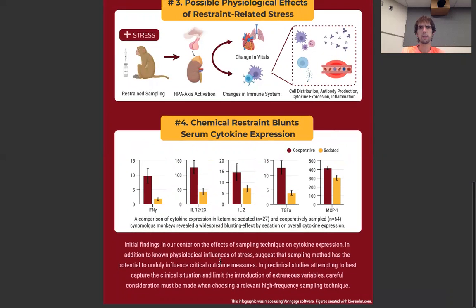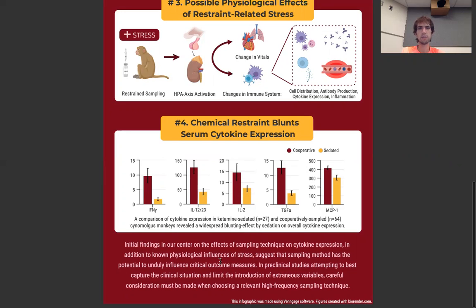To determine whether these effects actually differentially exist based on sampling technique, we have begun to investigate whether differences actually manifest in some of our outcome measures. In the example shown here, we compared average serum cytokine expression between groups of cynomolgus macaques that were sampled either cooperatively or while ketamine sedated.